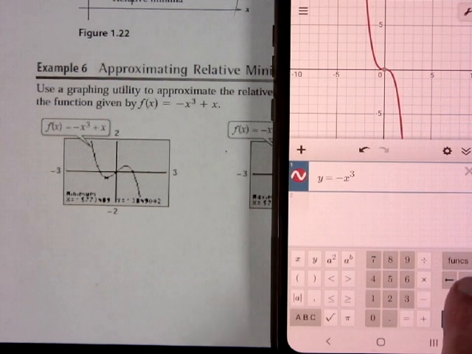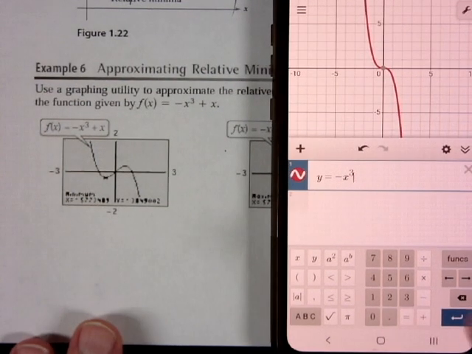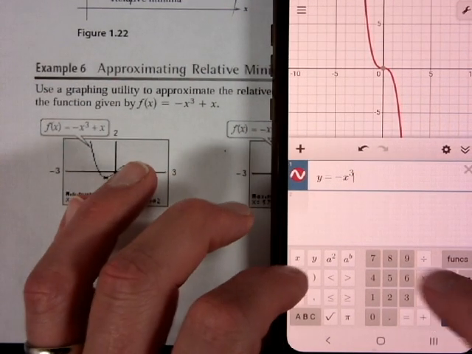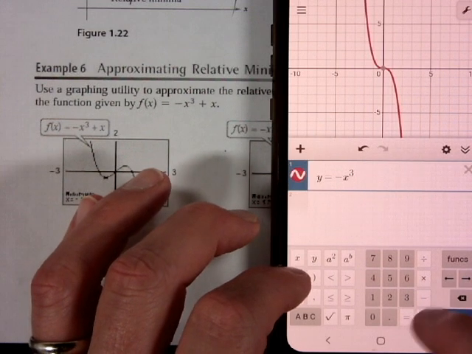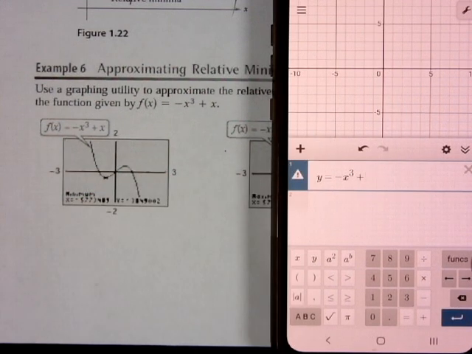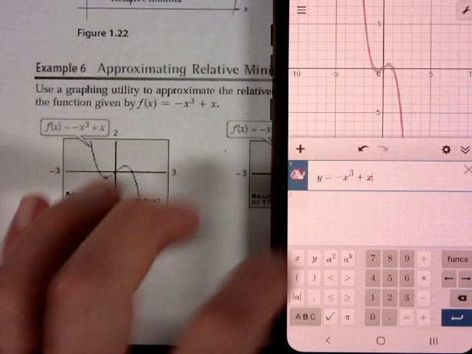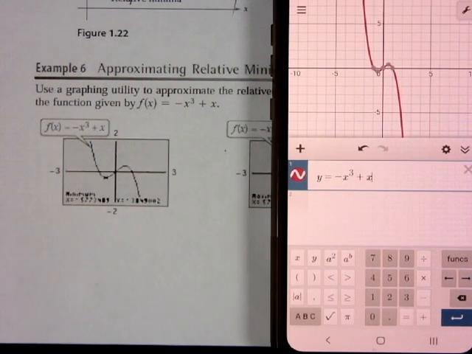Don't forget to arrow back out, or you will keep typing exponents on there, so keep that in mind. And then we can type the rest of it in there. It's plus x. All right, and then it graphs it for you. You don't even have to press enter or anything like that.